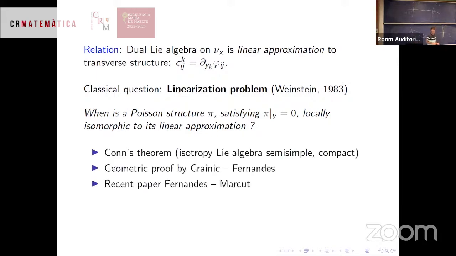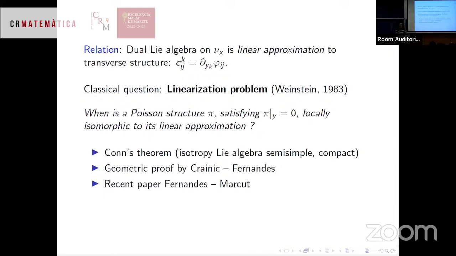So let me just mention some facts. The first big theorem in this story is basically saying that, well, this Lie algebra, by the way, is called the isotropy Lie algebra at a point, that if this Lie algebra is semi-simple and compact, then you have linearization.